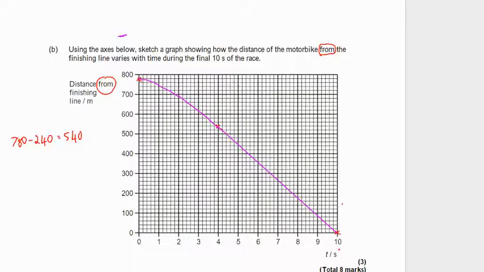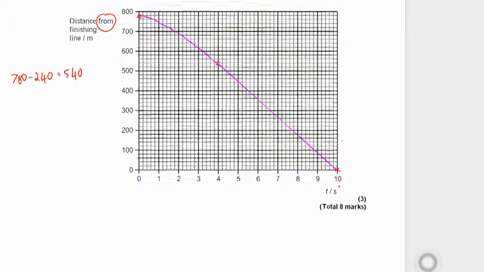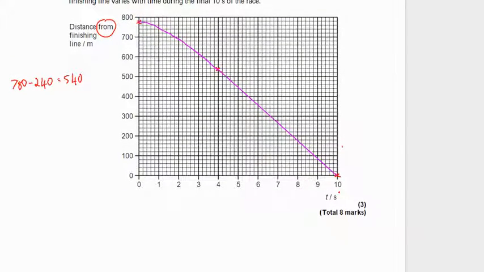So a constant speed means a straight sloping line, and acceleration means an increasing gradient. That's where the marks are. You have to get these 3 points in a straight line in this section and a curve with increasing gradient in the first.